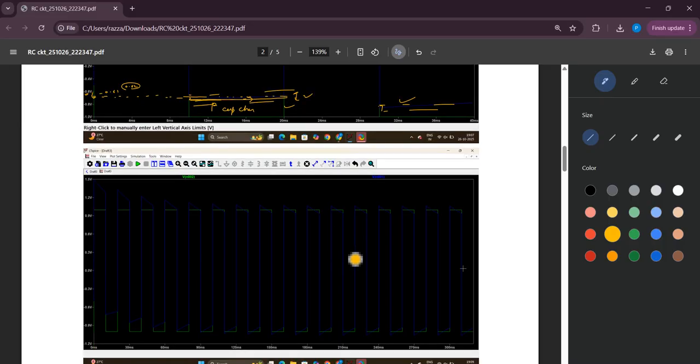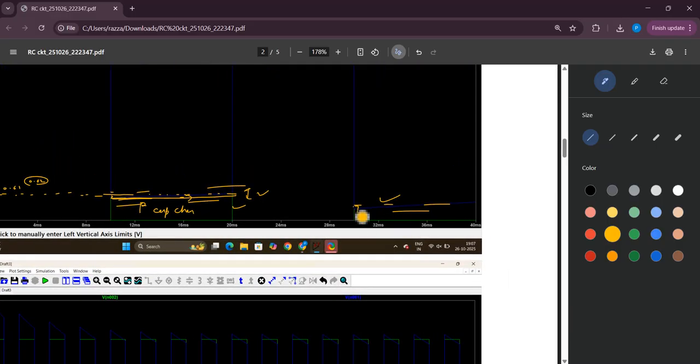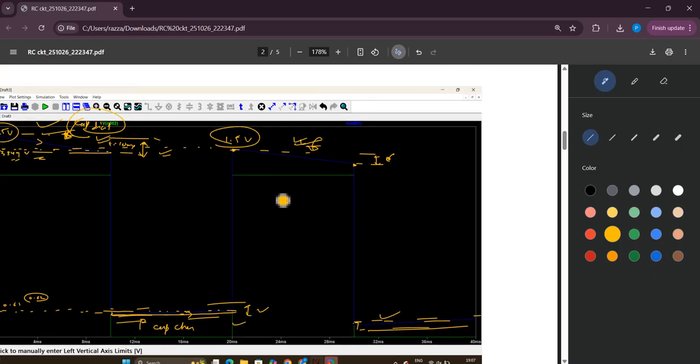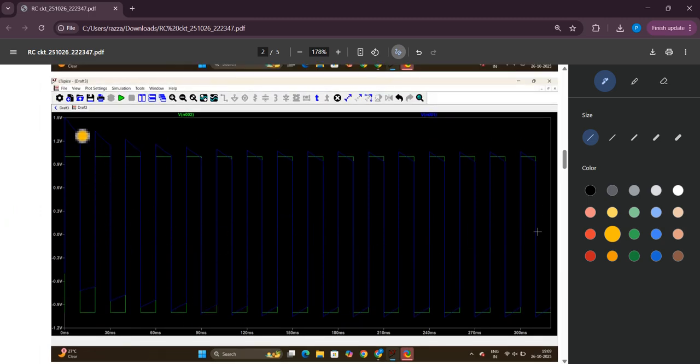Yes, okay. So the charging rate is decreasing, and the discharging rate is also decreasing, and we can also see in this waveform that the discharging rate of the capacitor is decreasing as this curve becomes flatter and flatter.